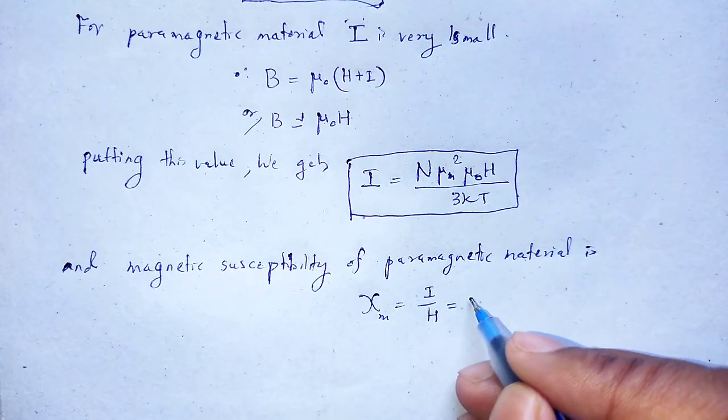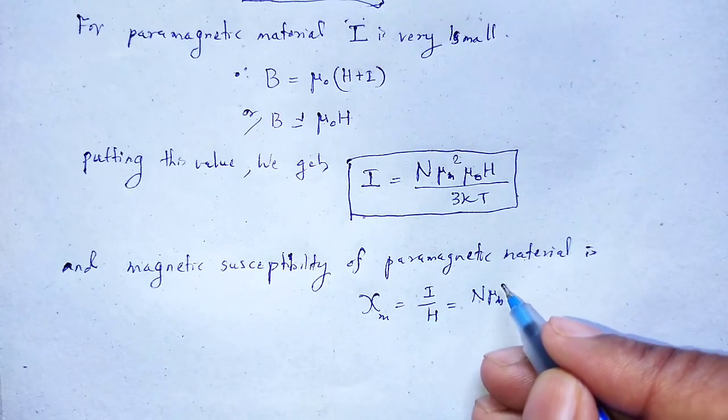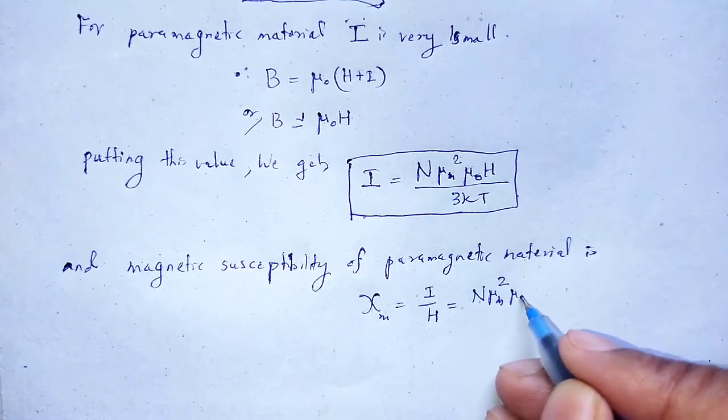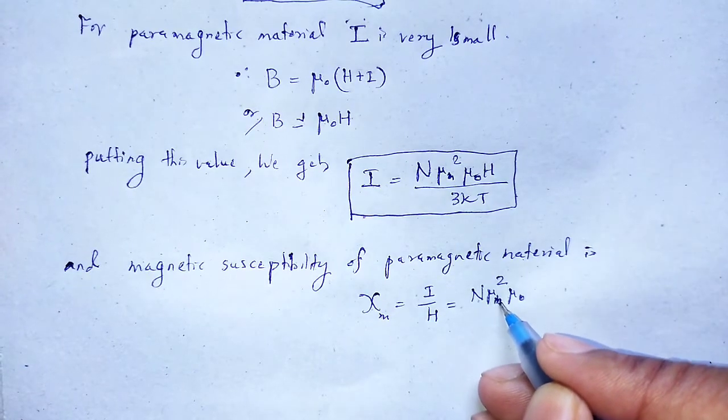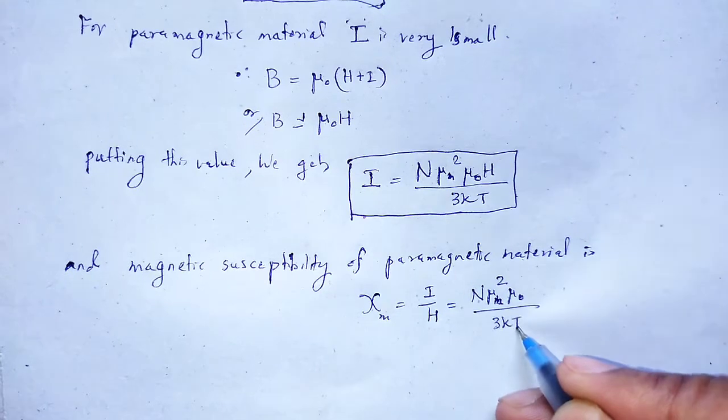So, it will be n mu m square mu naught divided by 3 kT.